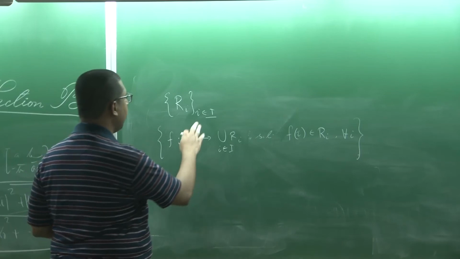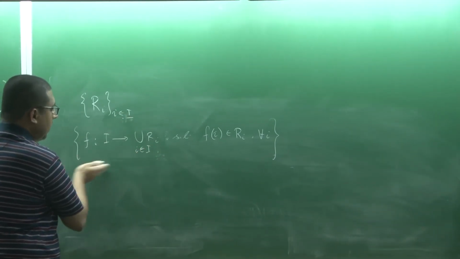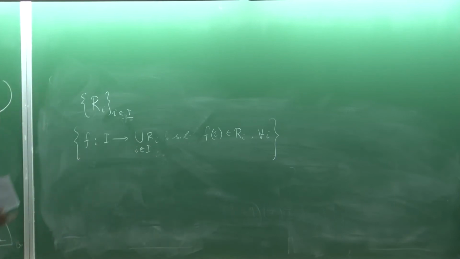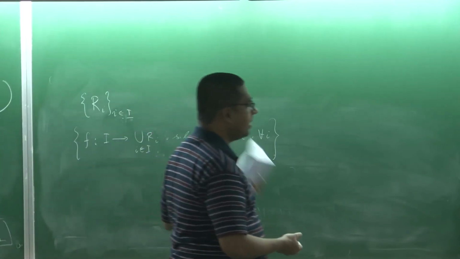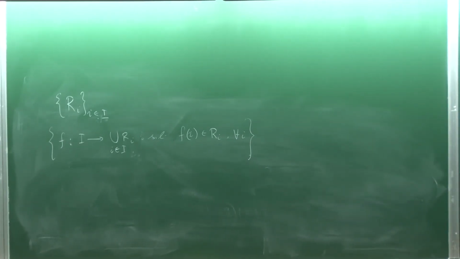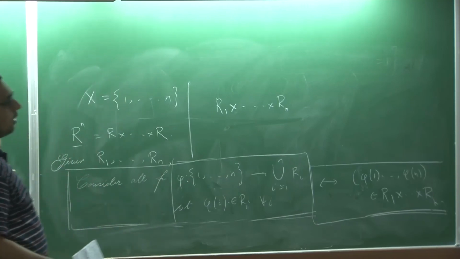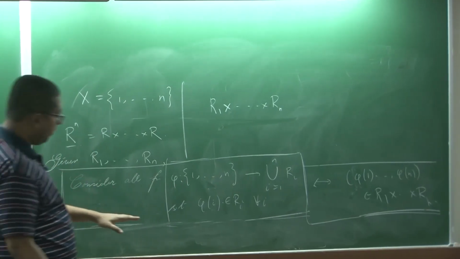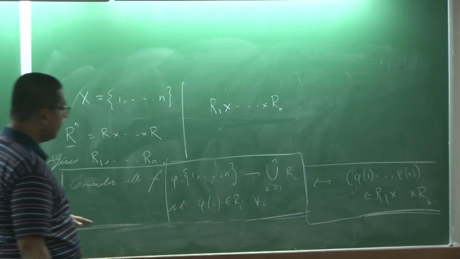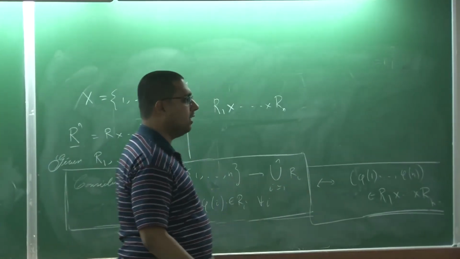So remember that when I is finite, then these can be immediately viewed as tuples, but when I is arbitrary, then there is no notion of tuples. So therefore we have to take this perspective, because the earlier one simply doesn't make any sense there.